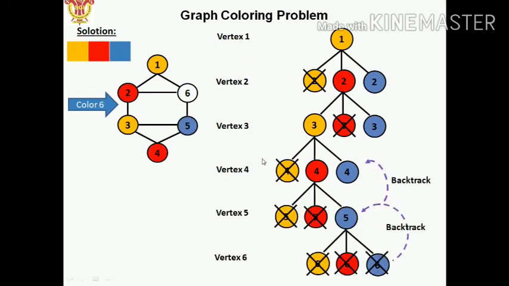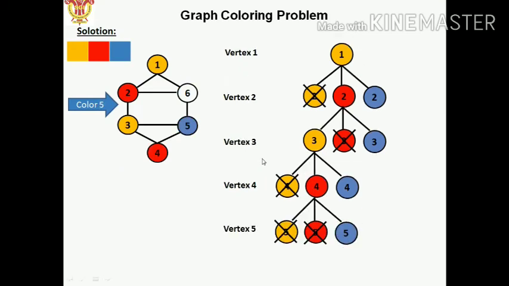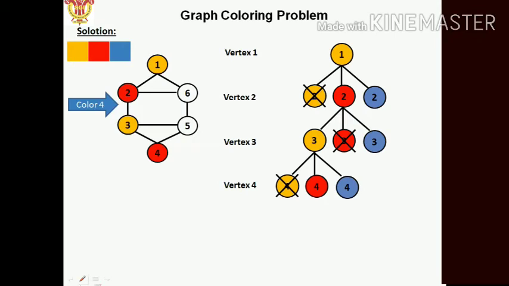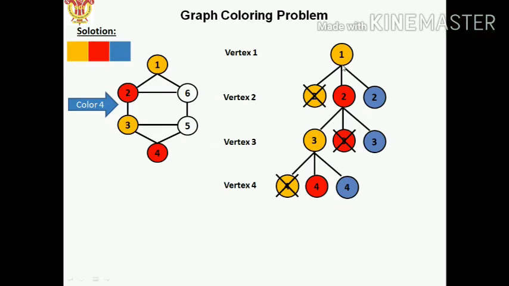Now see, dear, what will be the complexity of this graph itself? Here I have given 1, 2, 2, 2. For this 2, I am already having three options in each level.